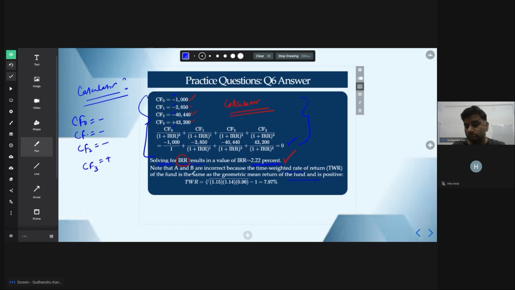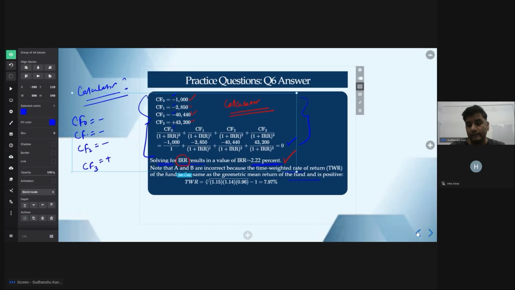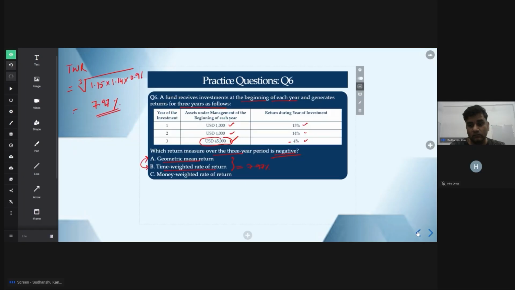And when you go back to your solution, the question which you were doing, go back to the question here that we discussed again. These two were very easy: 1.15, 1.14, 0.96, 7.97.